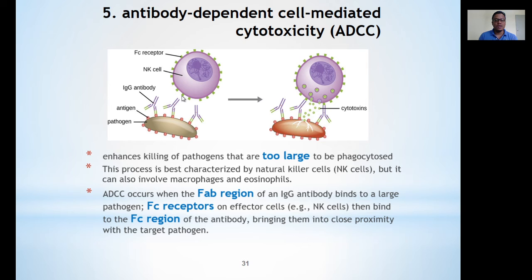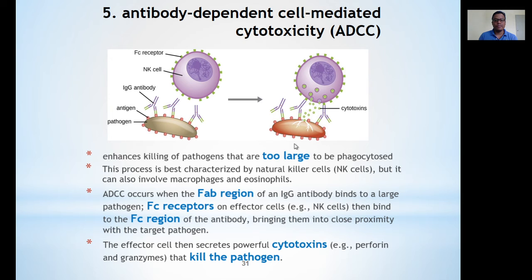This makes it easier for the natural killer cells to come near the pathogen, bringing them into close proximity with the target pathogen, which will enable them to secrete powerful cytotoxins that will kill the pathogen because of the close gap between them. This will enable the NK cells to release the cytotoxins in order to kill the pathogens.